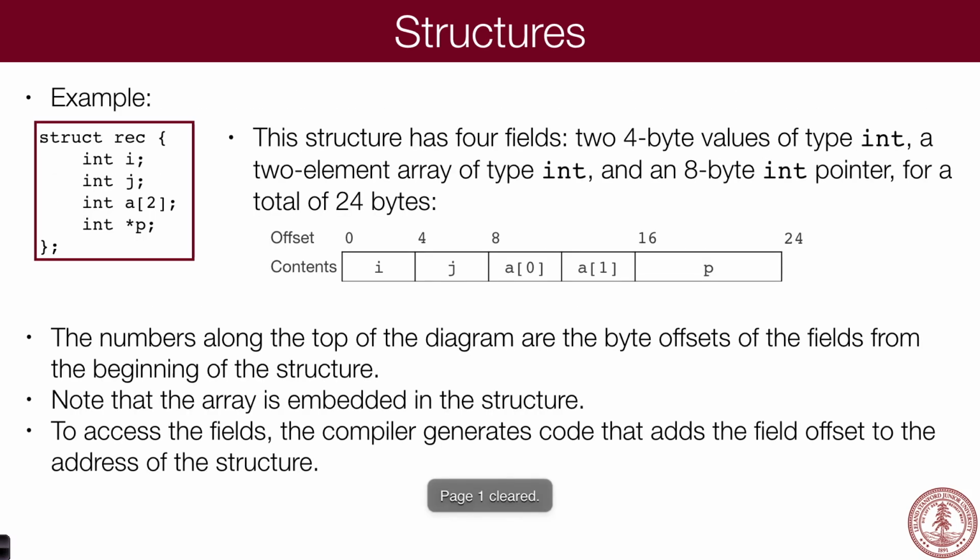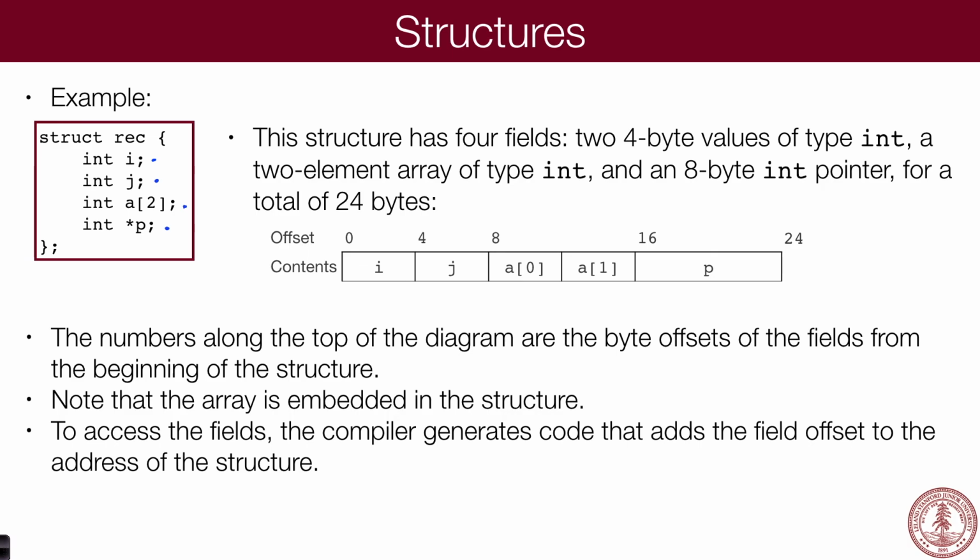Let's look at an example. Here's an example of a struct called REC, and it has an int and then another int, and then an array of 2 ints, and then it's got an int pointer as well. If you look at the contents of what the compiler actually creates, it's going to look like this in memory.